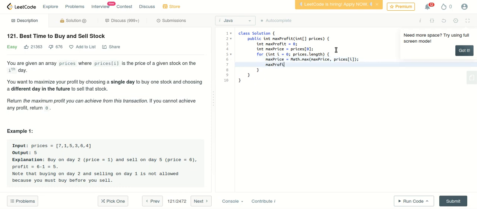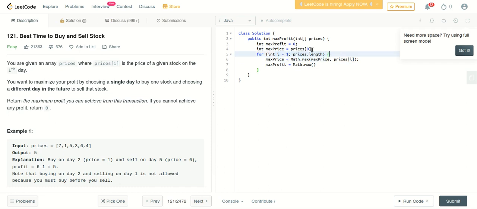And the maximum profit would be Math.max of... we would start this with 1, and if we have only one price, then definitely it would be 0, so we would not like to iterate through it.